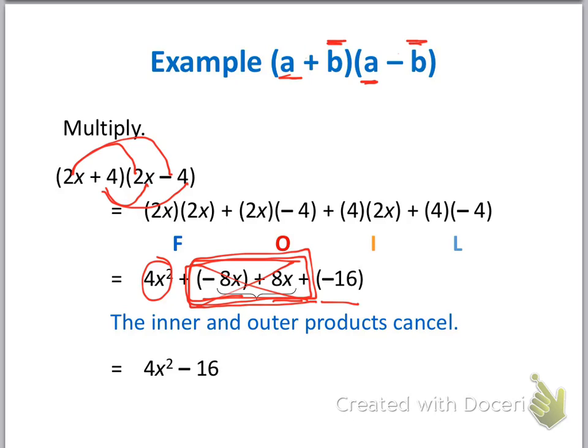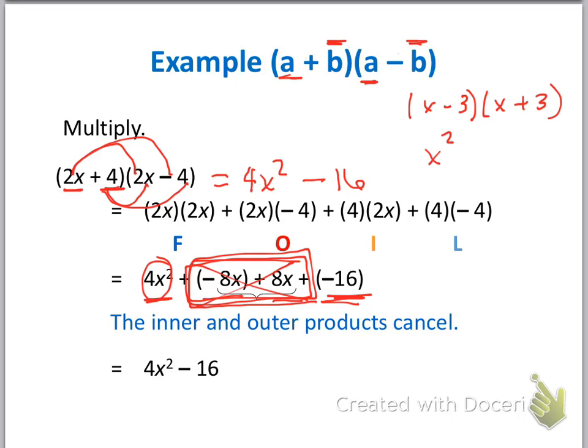And you'll be left with the first number squared minus the second number squared. So you can simply say first number squared minus second number squared. For example, if I had x minus 3 times x plus 3, first number squared minus second number squared. Let's try some patterns here.